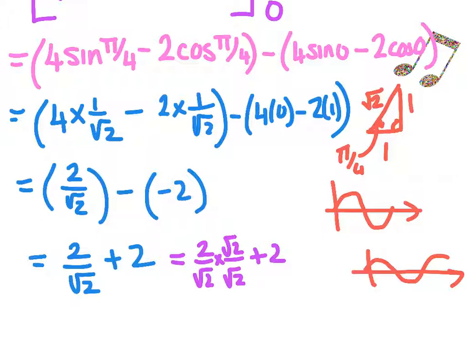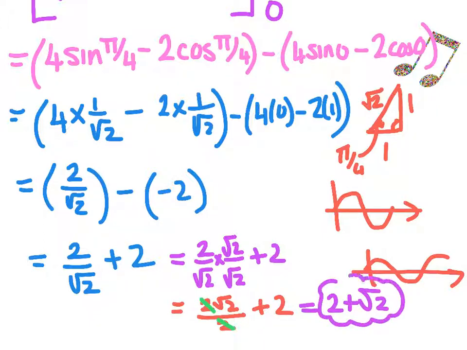And that's what I want. I want a whole number on the bottom. So I've got 2 root 2 on the top, 2 on the bottom, plus 2. And now, of course, I can cancel out those 2's. And all I'll have is root 2 plus 2, or 2 plus root 2. Okay, if you're not sure about the surdy things, ask me about it in class.